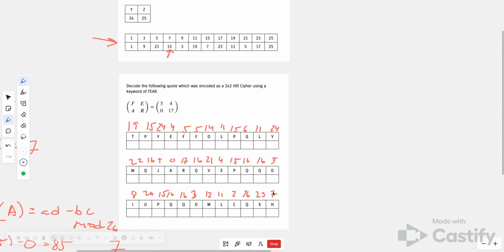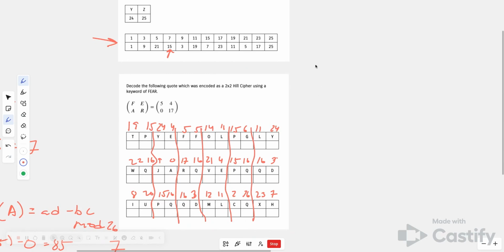And 7. Okay, so once we do this, we can finally start the math. With the 2 by 2 matrix, you can only decrypt 2 letters at a time. So we're going to group these letters into groups of 2. And then we can finally start the math.